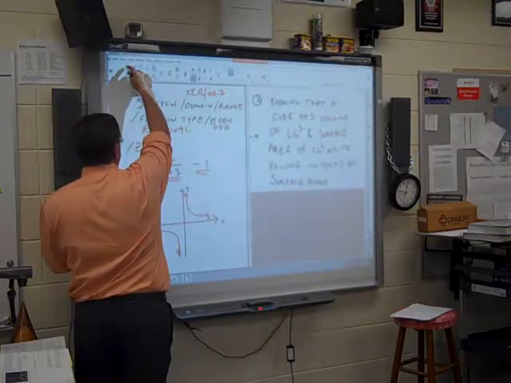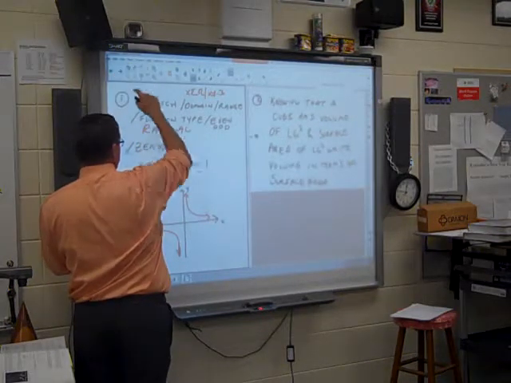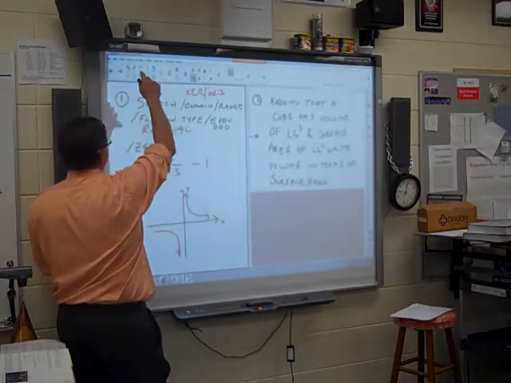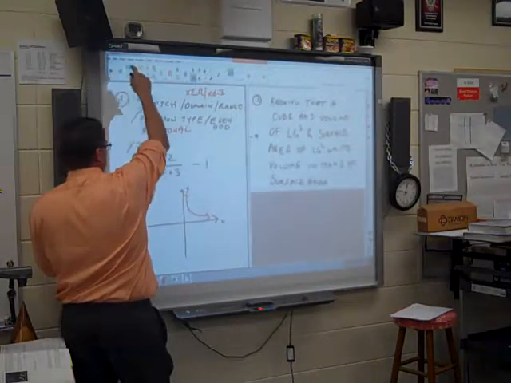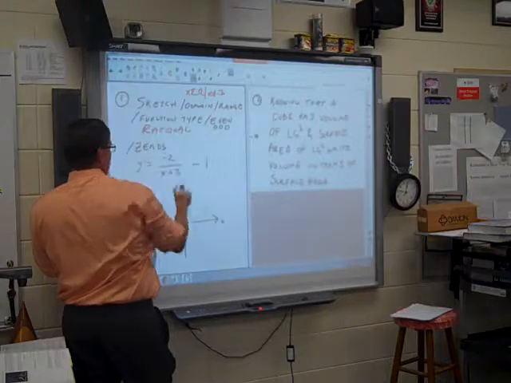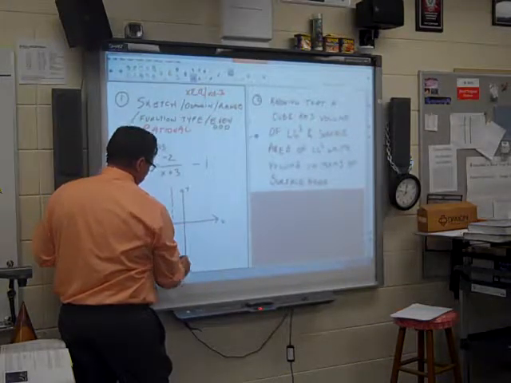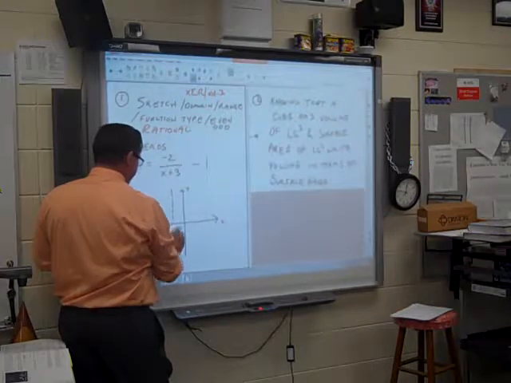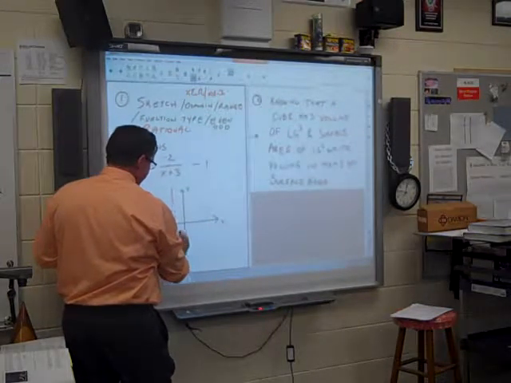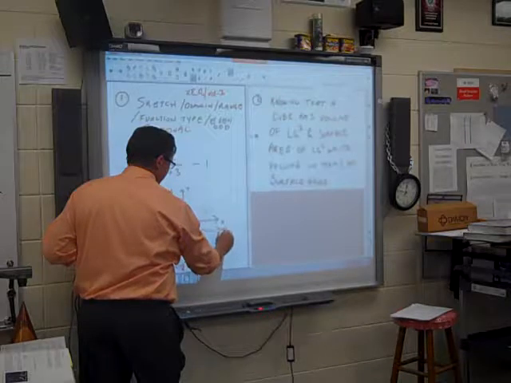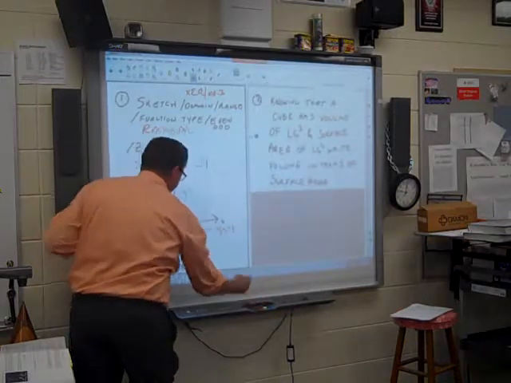If you need to sketch that, that's fine, but for the sake of board space, I'm going to get rid of my curves. And I know it's -3 for the vertical asymptote. I know it's down 1. So my horizontal asymptote is -1, and then I know it flips.